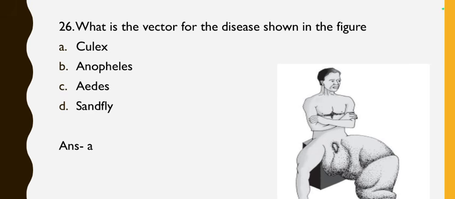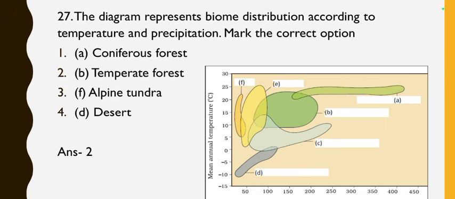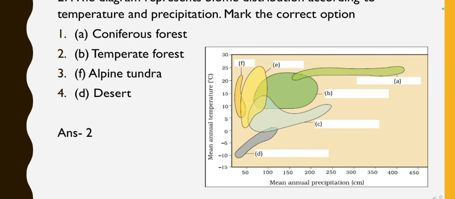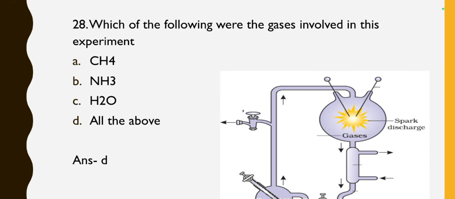What is the vector for the disease shown in the figure? It is Culex. The diagram represents biome distribution according to temperature and precipitation. Mark the correct option. The correct option is 2. B is temperate forest. Which of the following were the gases involved in this experiment?